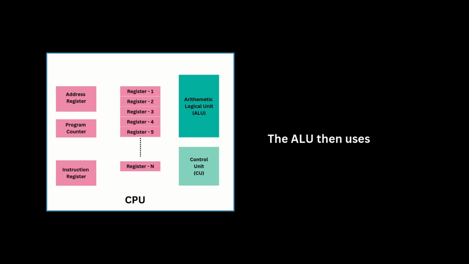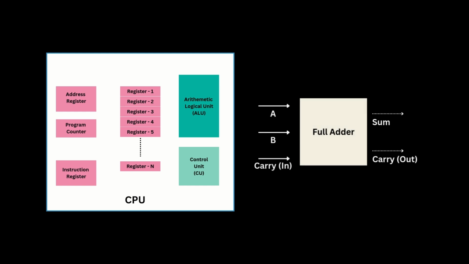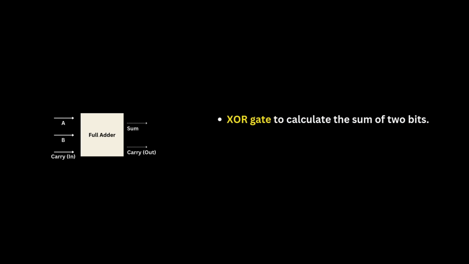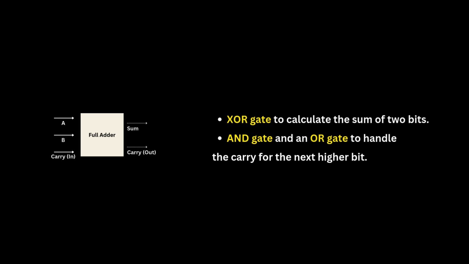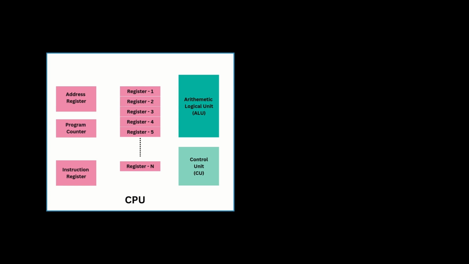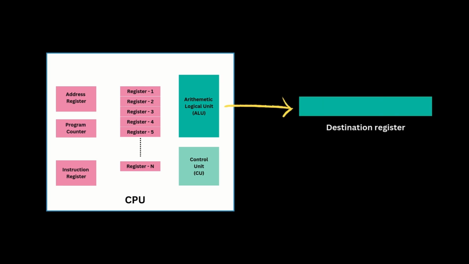The ALU then uses logic gates, typically full adders, to add the numbers bit by bit. A full adder works by using an XOR gate to calculate the sum of two bits, an AND gate, and an OR gate to handle the carry for the next higher bit. Once the addition is complete, the result is stored in a destination register, which holds the sum of the two numbers.